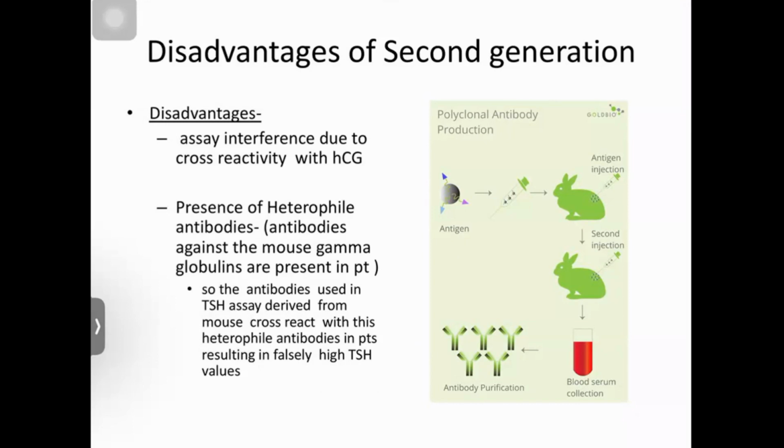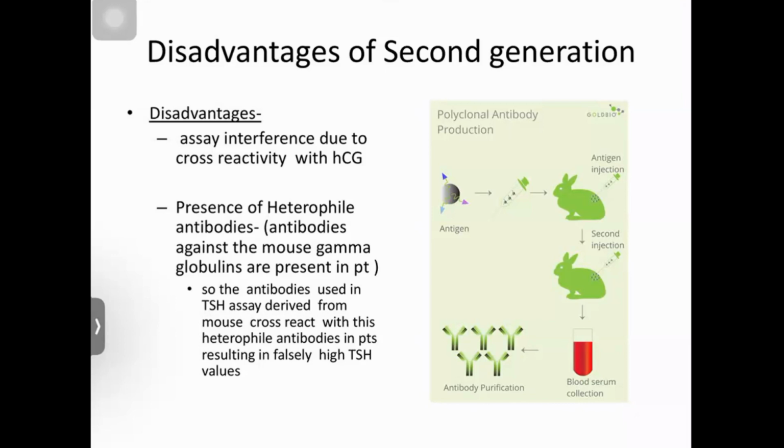So you're going to get cross interference from other glycoproteins which share the subunit of TSH, like HCG, FSH and LH. Apart from that, you also have heterophil antibodies. These are antibodies which are formed against the mice gamma globulins, and these antibodies can be present in some patients.